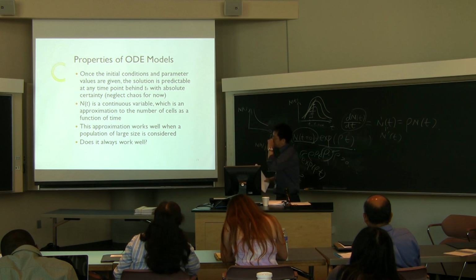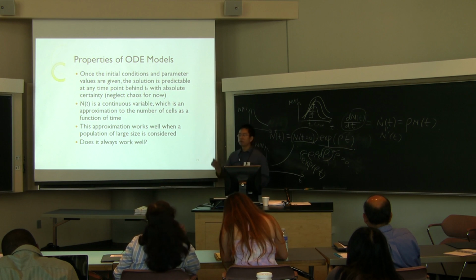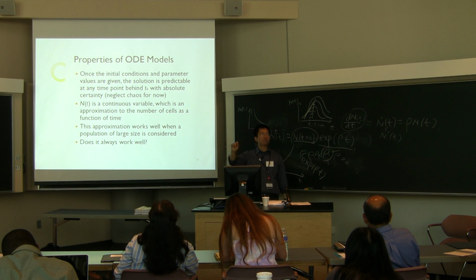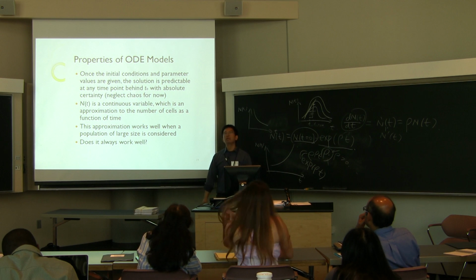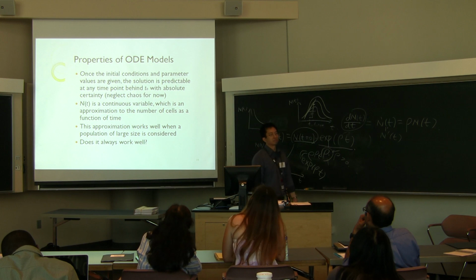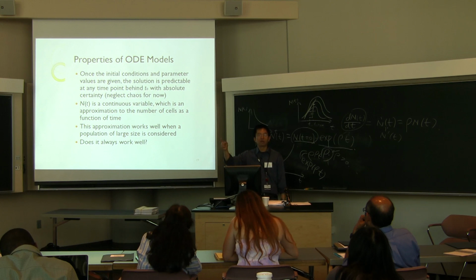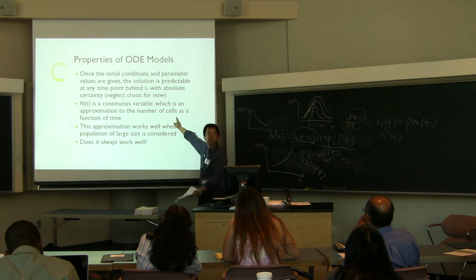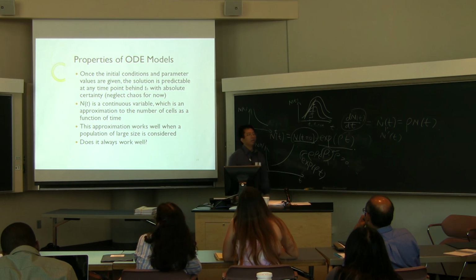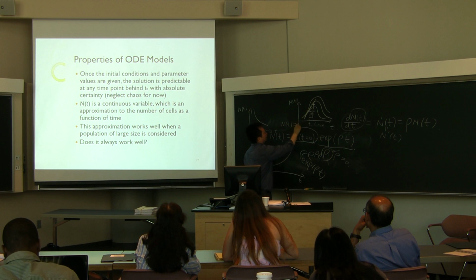We also have to note that N(t) here is a continuous variable. Although we're modeling the number of cells in a population, N(t) itself is a continuous variable. What could be the possible values of cell numbers in a population? 0, 1, 2. Can you have 1.5 cells? No, it doesn't make sense. However, when we use the ODE model, N(t) is a continuous variable, so it can take a value like 1.5.